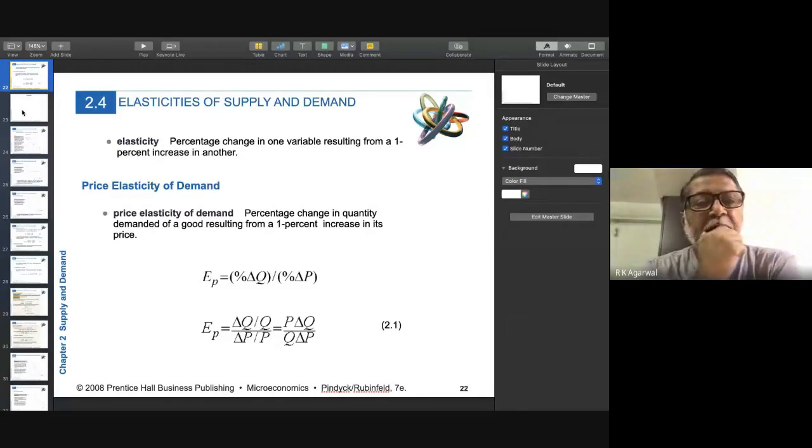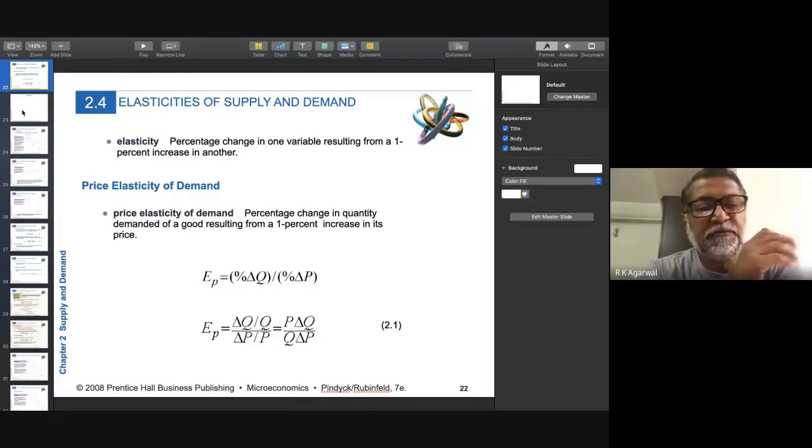So we have so far discussed what is demand, what is supply, what are the different factors on which these two depend. Then we have discussed the law of demand, the law of supply. We have also discussed the concept of shift factors: when does the demand curve shift to its right, when does it shift to its left. Likewise for supply.